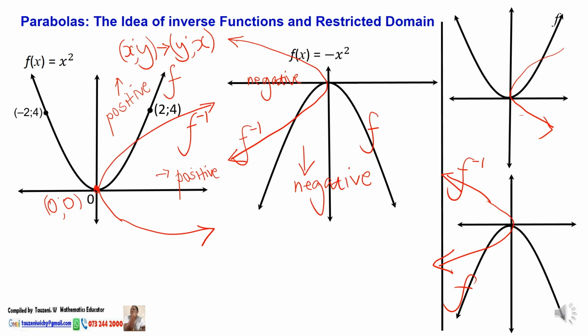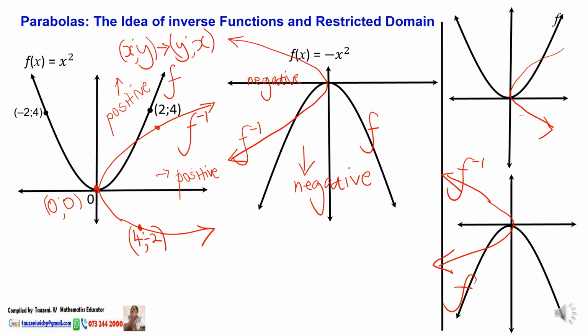The graph is passing through (-2, 4). If I swap -2 and 4, I get (4, -2). So the inverse is going to pass through (4, -2). That is one of the points where the graph is going to pass through. The graph is passing through (2, 4).